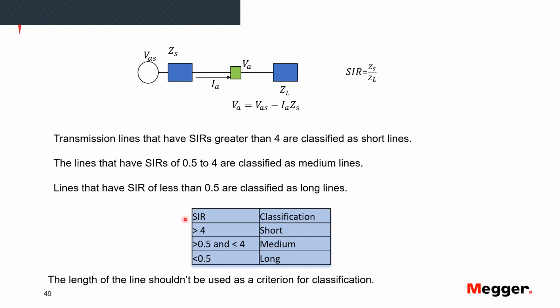This classification is done on the basis of the SIR alone, not on the actual length of the line. It is a very useful classification because it allows us to know whether we are going to encounter issues with the types of protection that we are going to design for that system, given the type of line that we have.